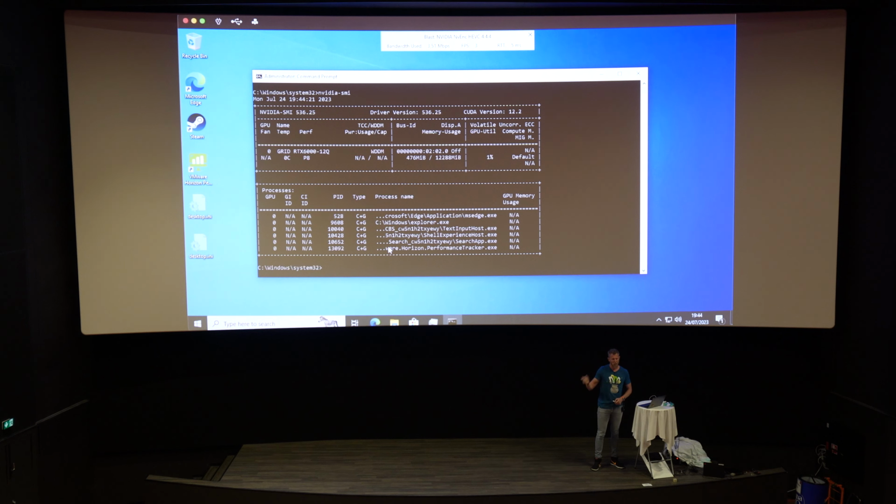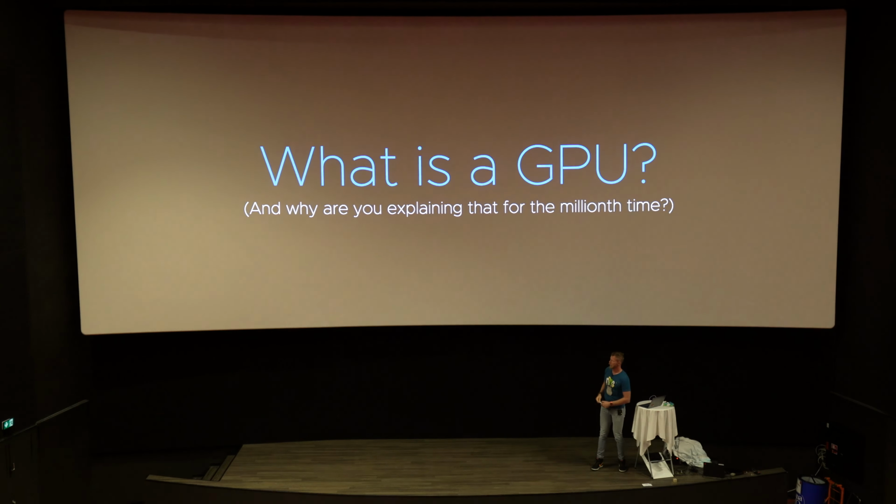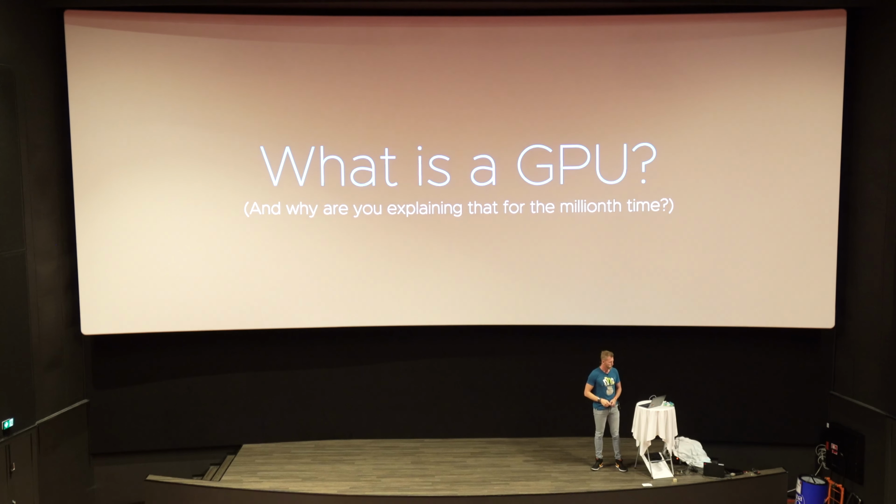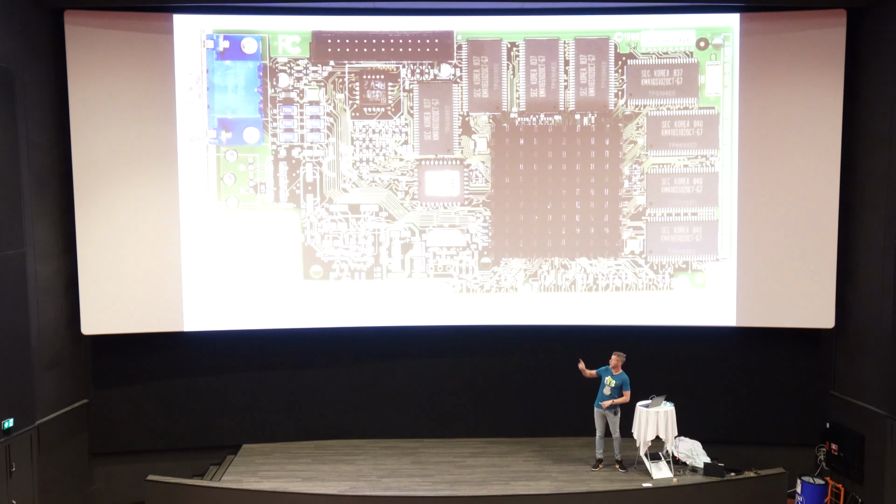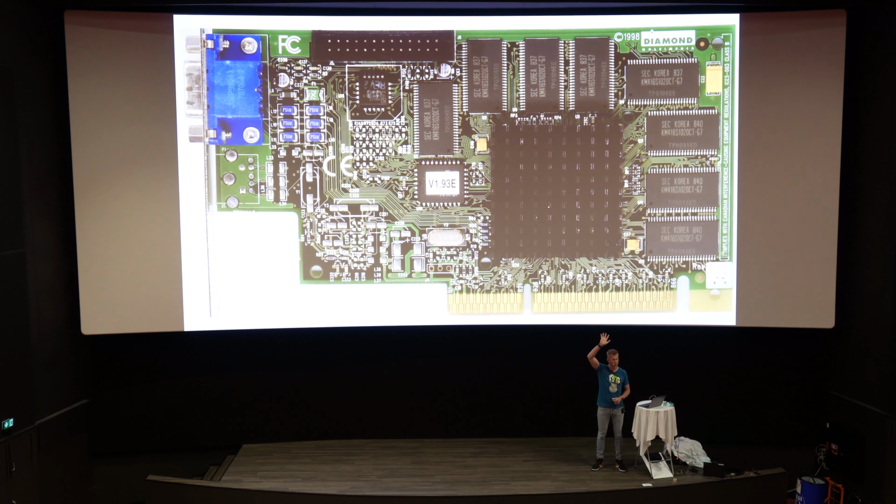So let's dive a little bit into what a GPU is. I talked about the Voodoo card, which technically wasn't the GPU. This one is. So which one is it? Kind of same time frame. There's a brand somewhere there.